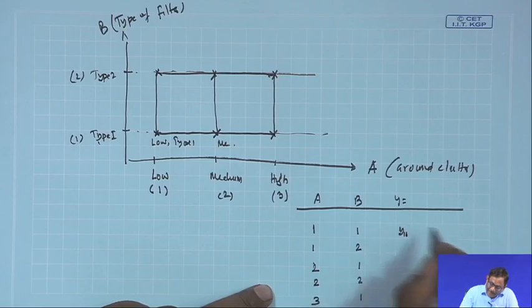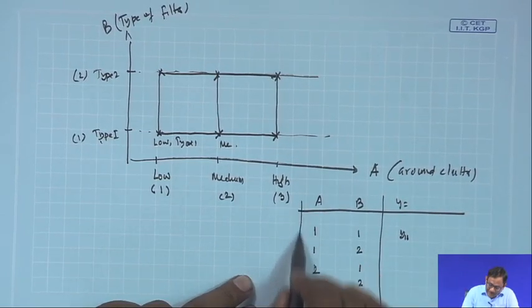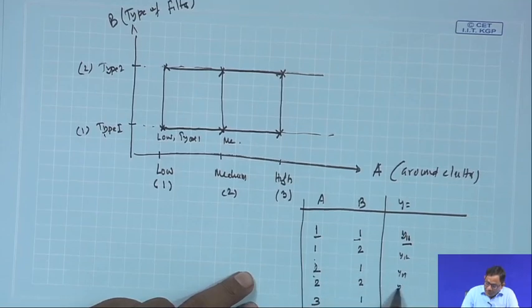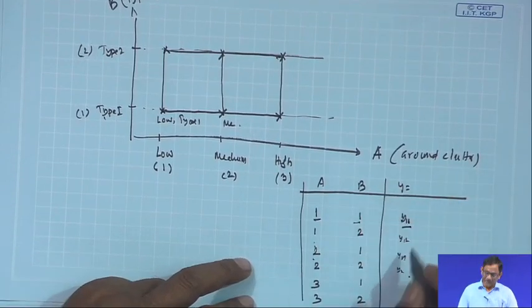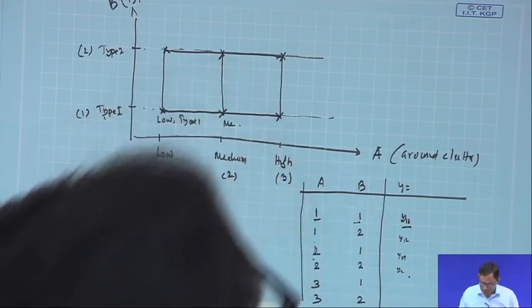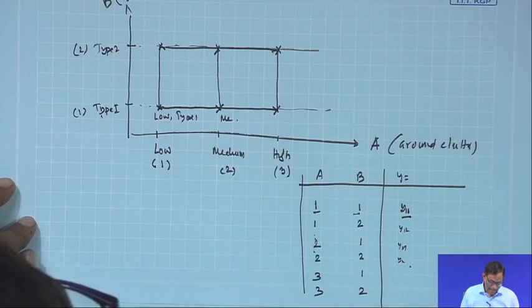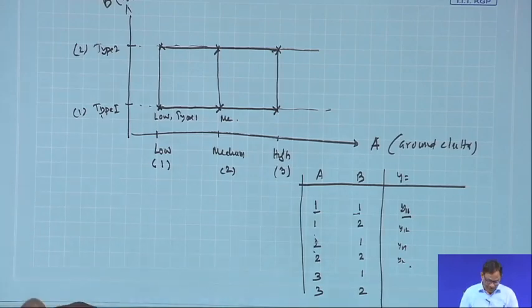So you will be getting several values, y for A1 B1, 1 1, 1 2, 2 1, 2 2, like this. But when I show you the data, I will not represent it in this manner. There will be replication, one more direction will come. Anyhow, okay.